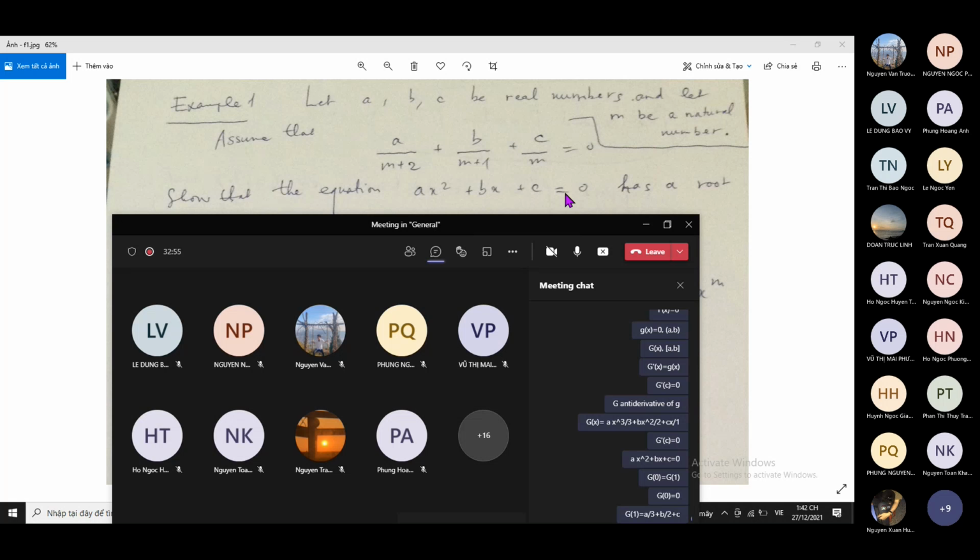So, what is an antiderivative of the function ax squared plus bx plus c? I mean, we find the function capital G, so that the derivative of capital G gives you ax squared plus bx plus c. Exactly, here you have got ax cubed over 3 plus bx squared over 2 and plus cx, right?